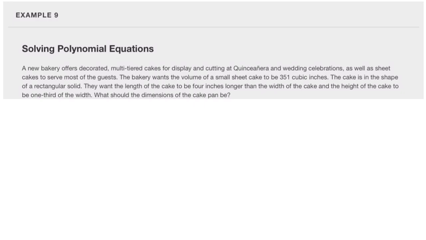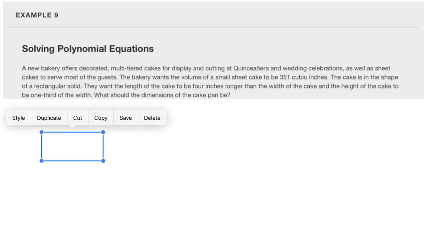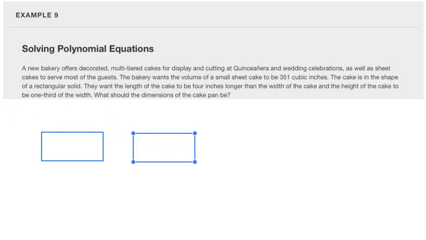Okay, so it sounds like we're working with a rectangle, or rectangular prism.